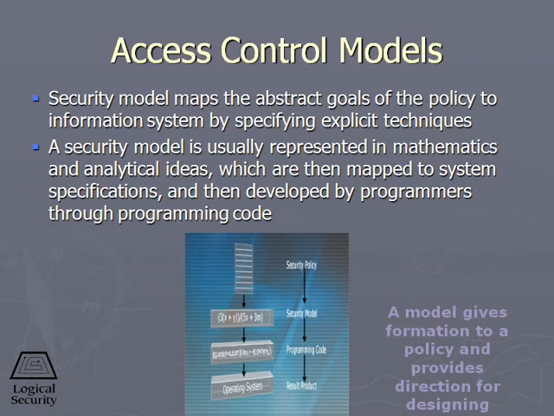So we're going to be looking again at these abstract mathematical formal models that help to define how you will satisfy different security objectives. So the first thing we're going to look at is the security model itself.